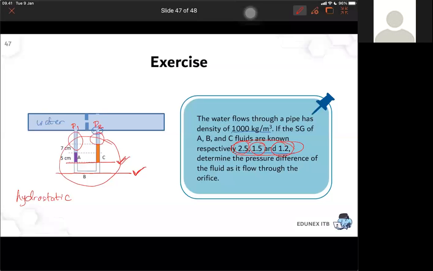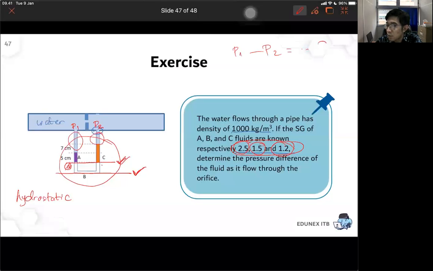Yeah, because at point, let's call it point 1 and point 2, they are over there. What you need to calculate is P1 minus P2, right? This is the pressure difference.